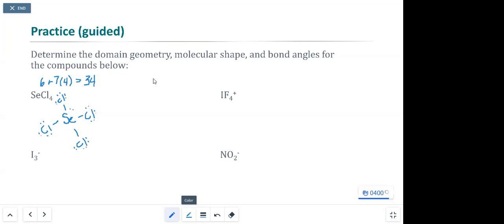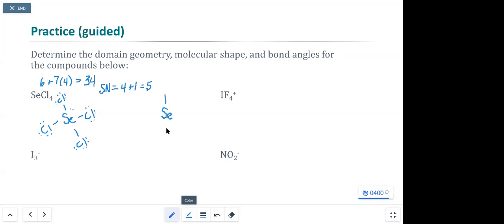So from this, we need to figure out its steric number. I have 4 atoms that it's bonded to, plus the 1 lone pair. So we're talking about a steric number of 5. Now for good practice, let's turn this into a 3D drawing using the dashes and wedges and our base model of what the trigonal bipyramidal looks like. So I'm going to have selenium here in the middle.